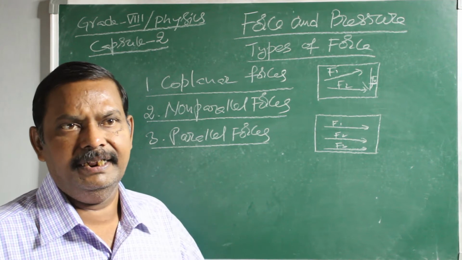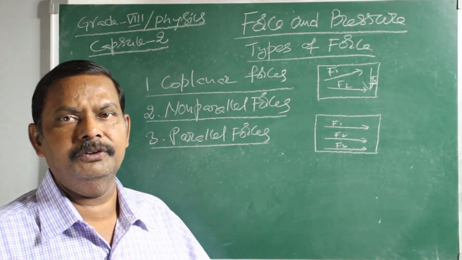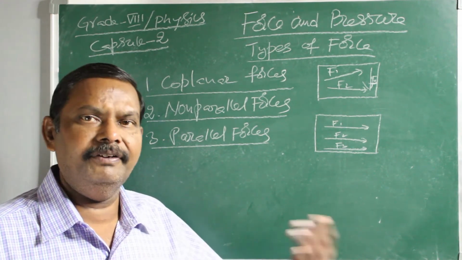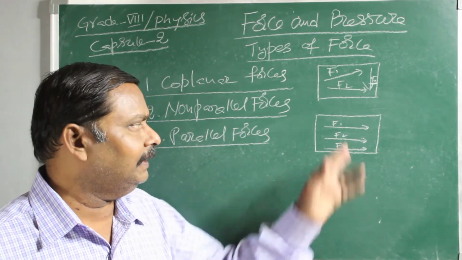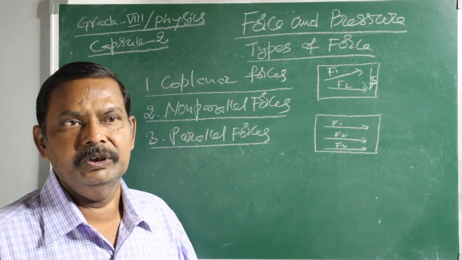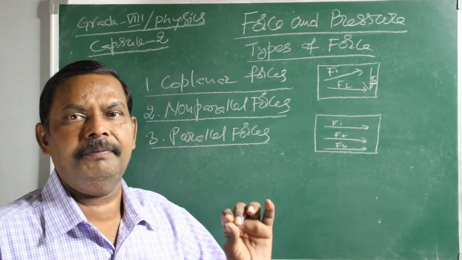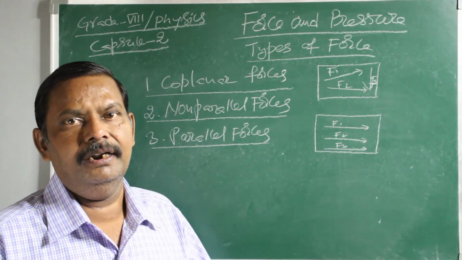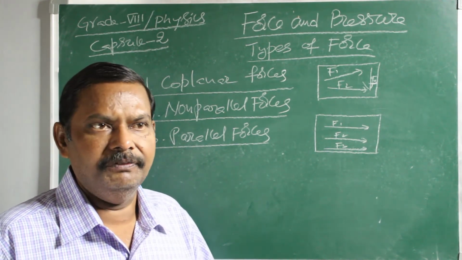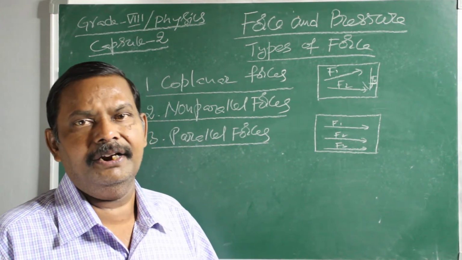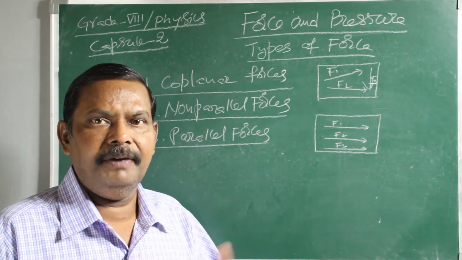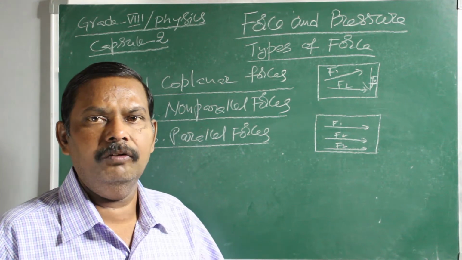It is clear that F1 is parallel to F2, F2 is parallel to F3, and F1 is parallel to F3 also, because they are all parallel lines. So, the forces that are parallel to each other are called parallel forces. If they are not parallel, they are non-parallel forces. If they are parallel, they are parallel forces.